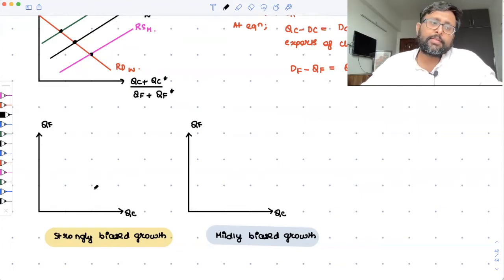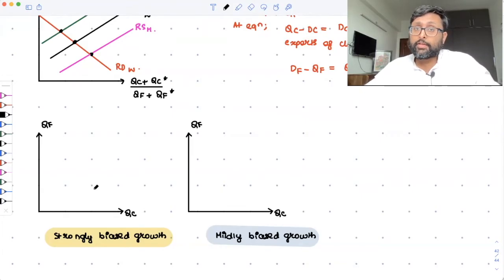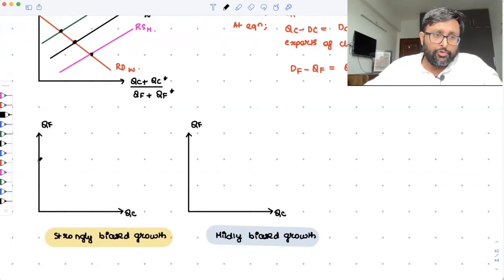But sometimes it happens that with growth, one sector is growing and the other sector is reducing, or one sector is growing and the other sector is also growing, but not as much as the first sector. For example, I'm going to draw a PPF which is more biased towards cloth, right?